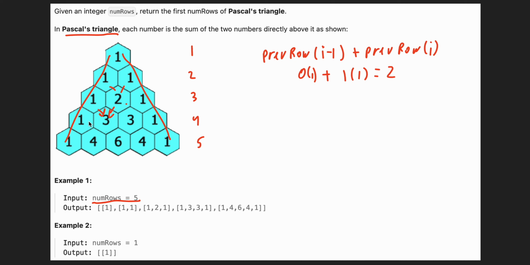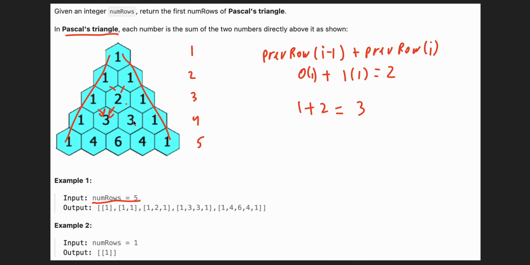The next one, let's say the row number 4. Again the same way: previous row i minus 1, which means whatever is at index 0, it's 1, plus whatever is at the first index, because the index of 3 is 1. So plus 2 gives us 3.